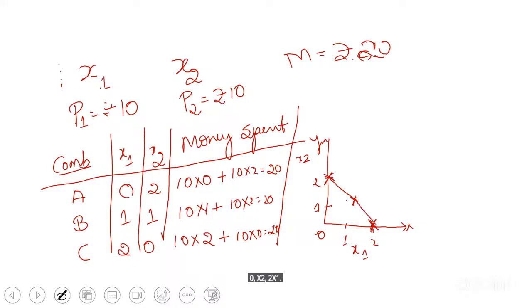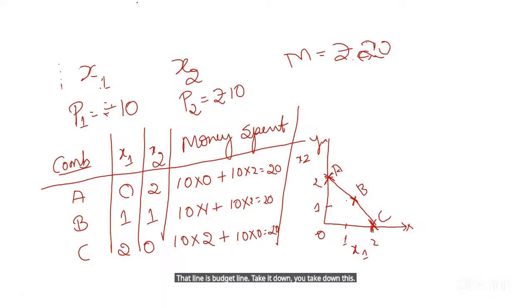Add all the points A, B, C. You get one line, right? That line is the budget line. Take it down. Everything that I have written.